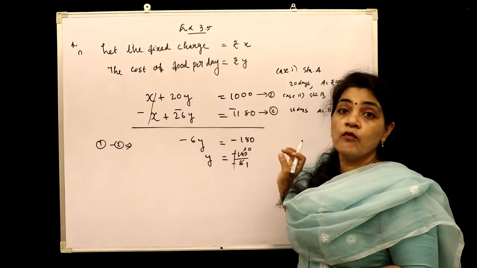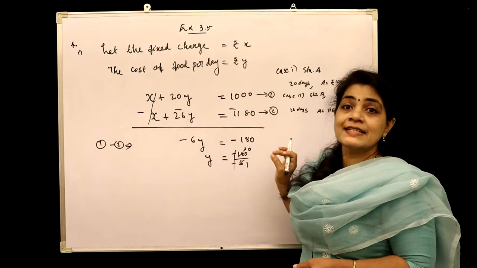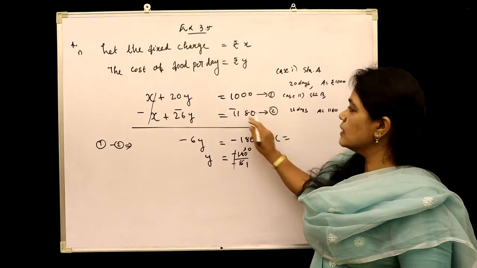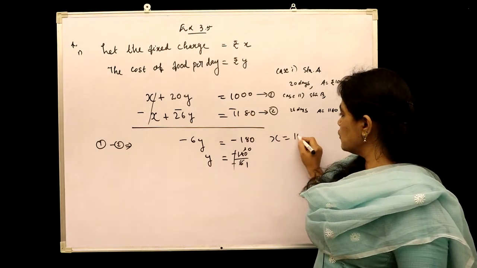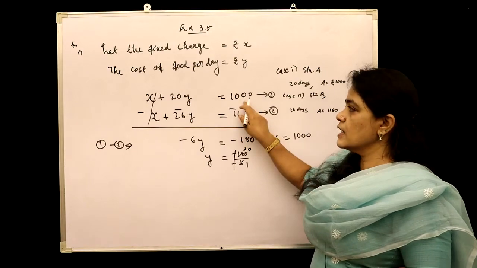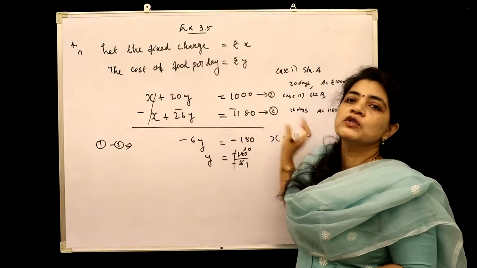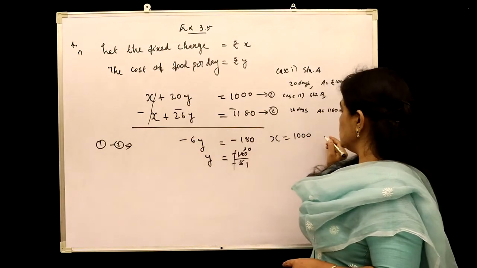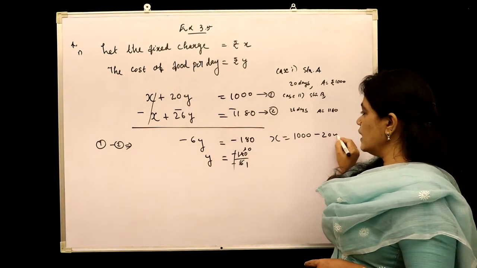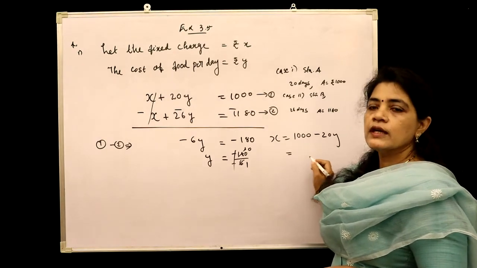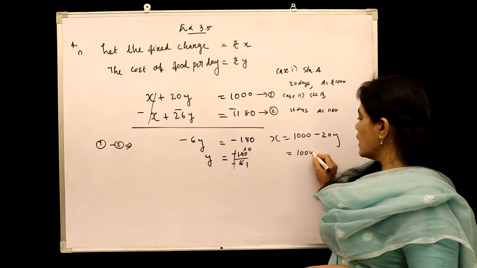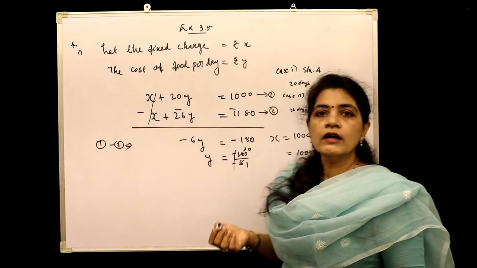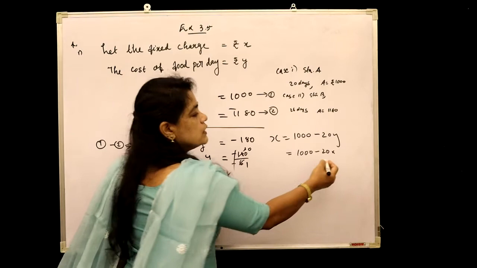From 1, x is equal to what comes in the RHS, which you should write first without any change in the sign, and when we take 20y from LHS to RHS, positive 20y becomes negative 20y. Is it clear, children? So 1000 minus 20 into y, and y we got as 30. So 30.